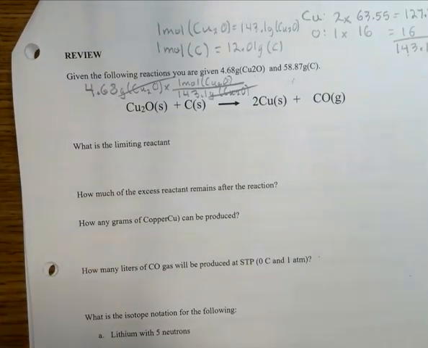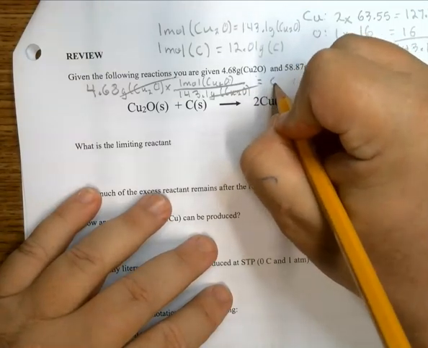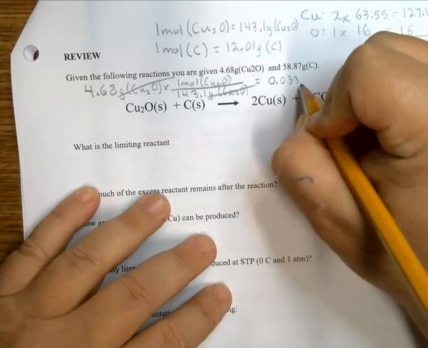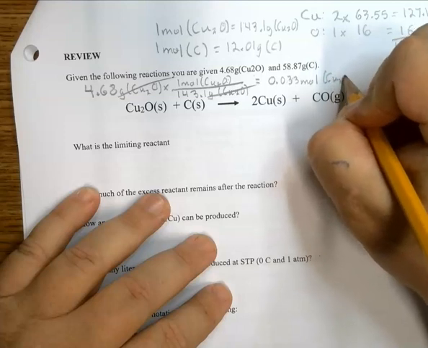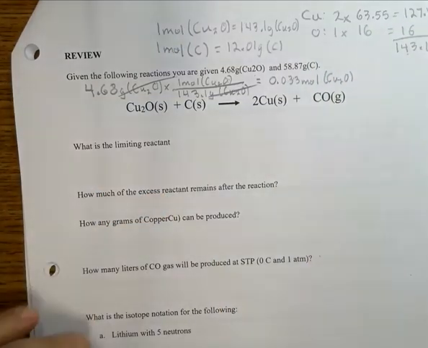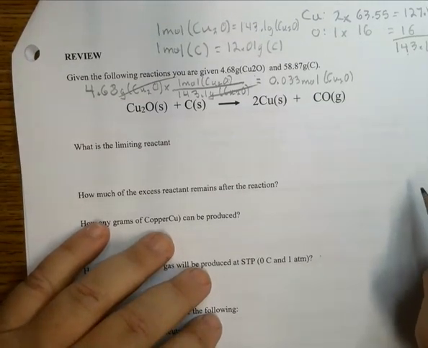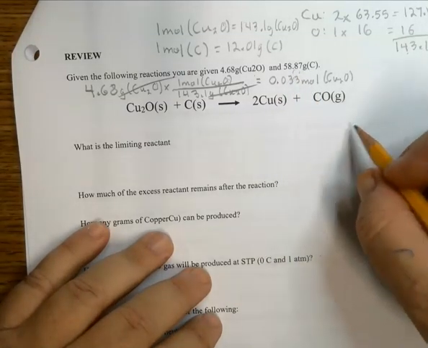And now we got to do the math on that one. 4.68 divided by 143.1 gives us 0.033. Again, I'm being very arbitrary about how many decimal places I go. 0.033 moles of Cu2O. All right, I didn't leave myself a lot of space to do the other one, but it shouldn't take up much space.